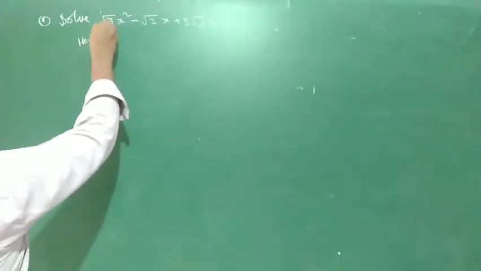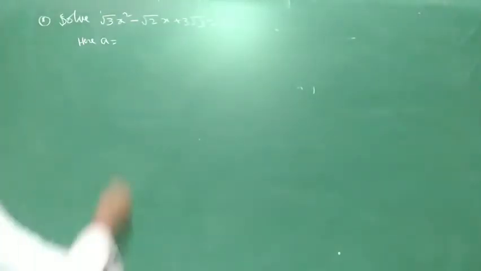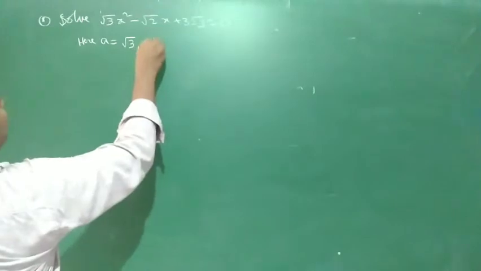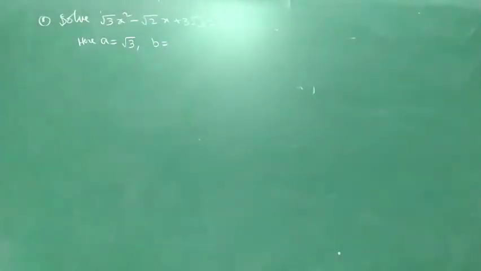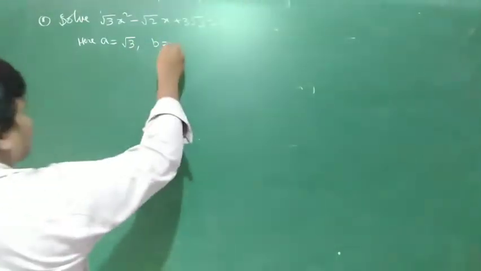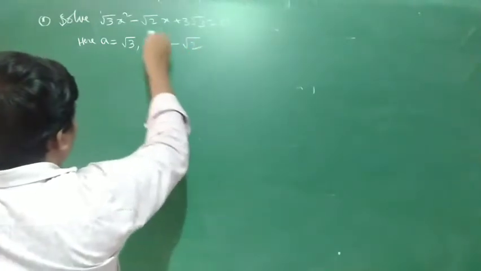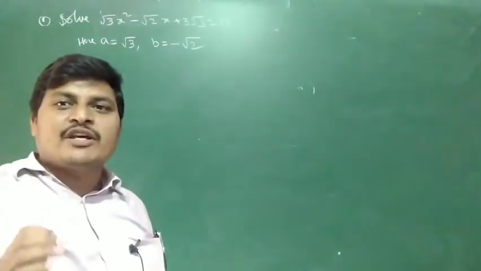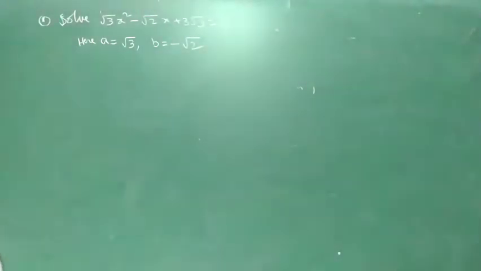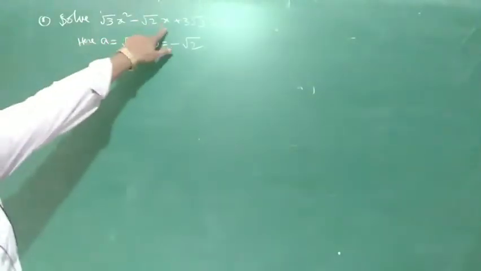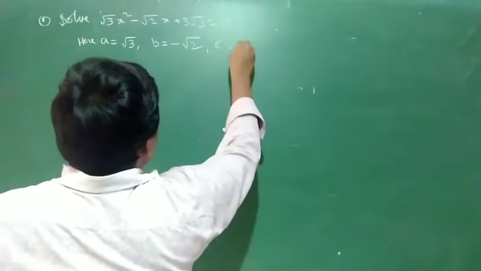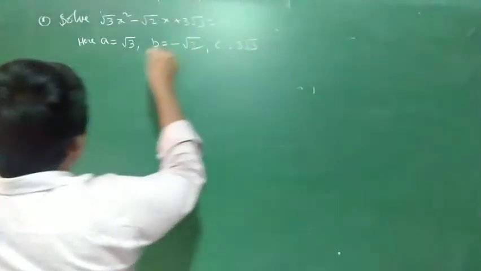The x square coefficient is root 3. b is the coefficient of x, minus root 2, because the quadratic equation is a x square plus b x plus c, so all are plus, and this coefficient means minus root 2. What is c? 3 root 3.